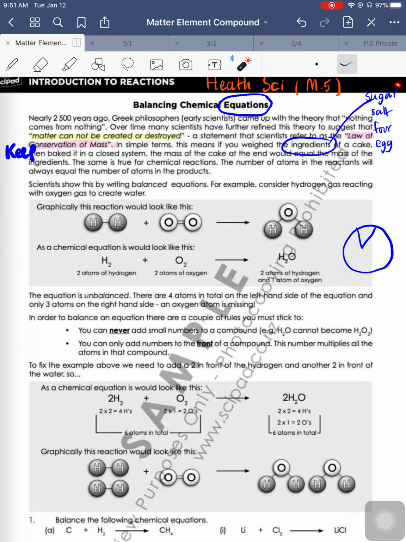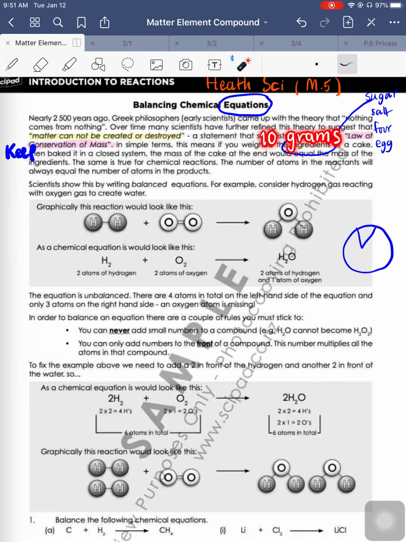Before you make a cake, you have to weigh the sugar, the salt, the flour, and the egg. So these are the ingredients of the cake. You put them on the balance, เครื่องชั่ง, and the number on the balance will be, for example, 10 grams.